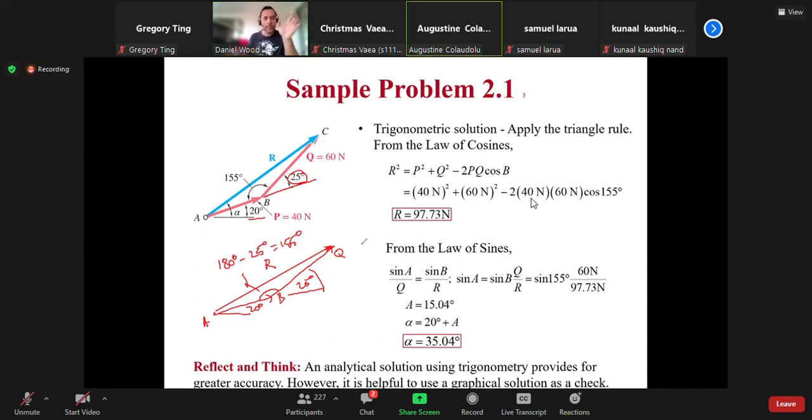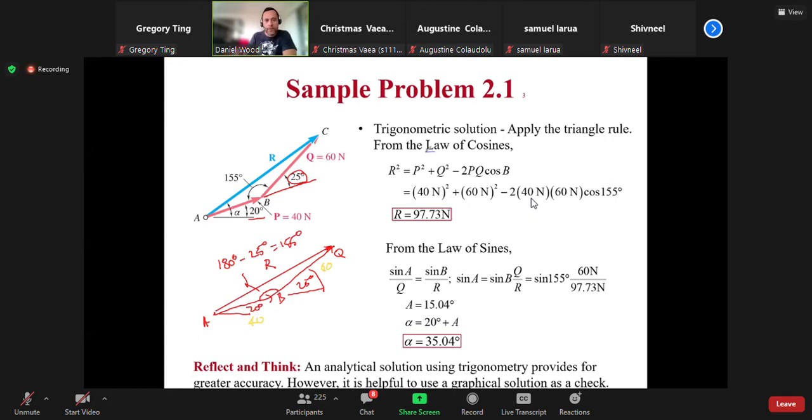Yes, sir. Great. So now I know a number of things here, right? I know Q is equal to 60. And I know P is equal to 40. So I know two sides and the internal angle 155 degrees. So now I can use the law of cosines over here.